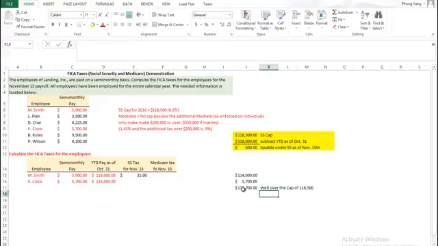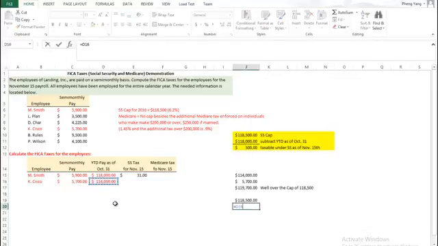So if he's well over the cap, what I'm going to do is this. Once again, I'm going to do this same exact calculation I did up here. I'm going to take $118,500, and instead of subtracting the $118,000 for Smith, I'm going to subtract the $114,000 for Cisco.